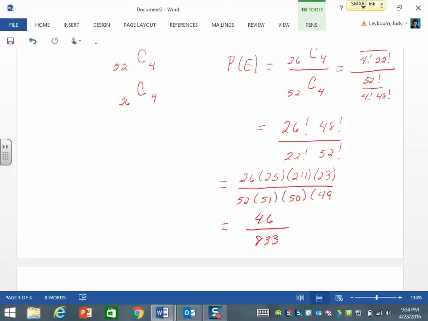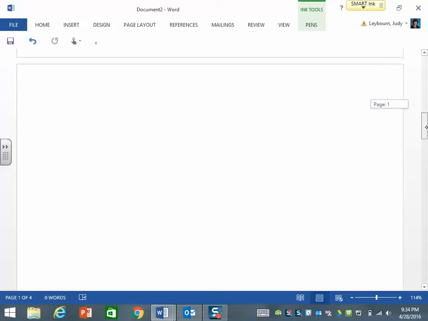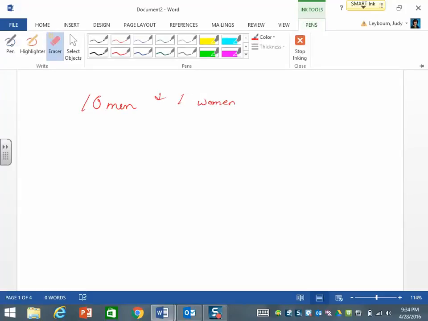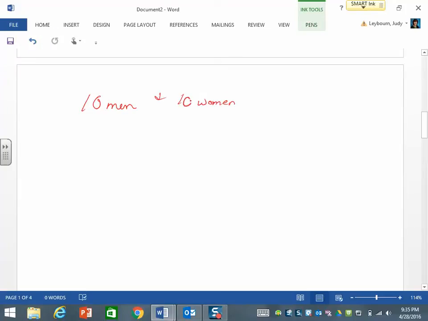Now, if we had one more example, if we had a group of 10 men and we had 10 women, and 4 people are to be selected at random.